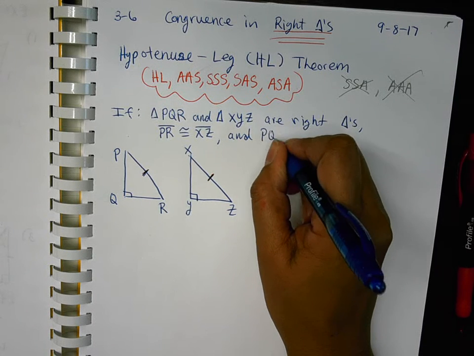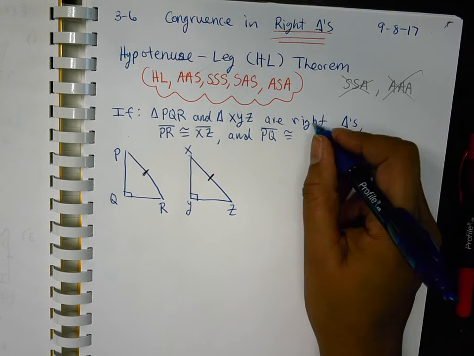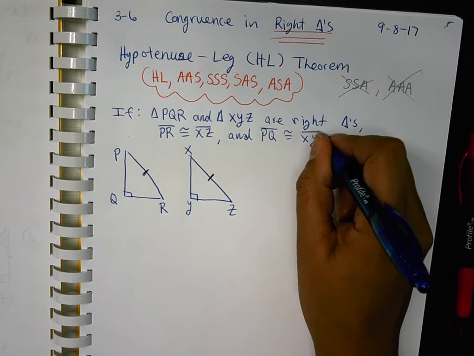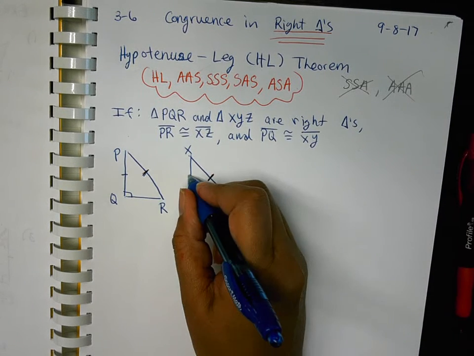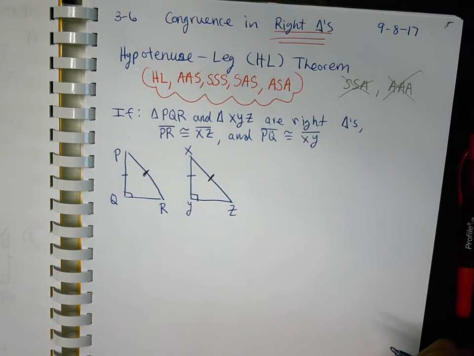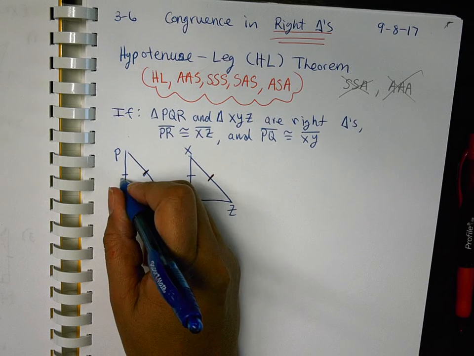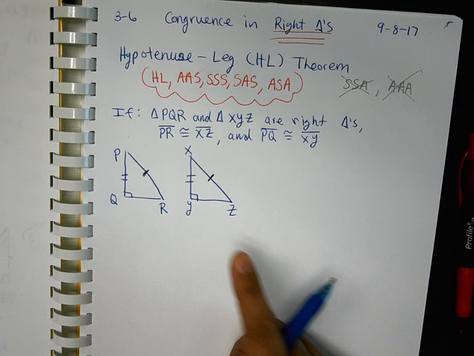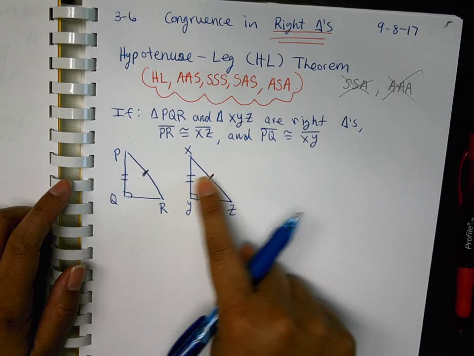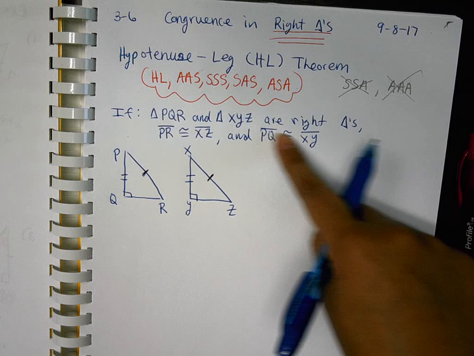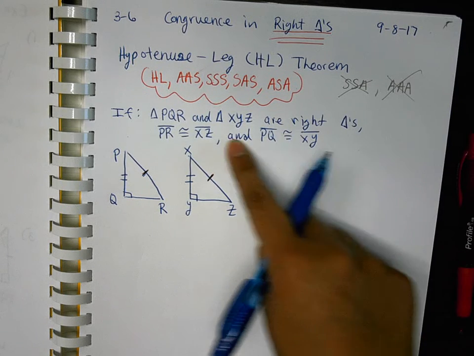All right, second piece of information, PQ is congruent to XY. So there's another marking we're going to make. Can anybody tell me where I messed up? This one needs a double marking. Why a double marking here? Because I already have one here. If I put just one here, that means that these are all congruent to each other, which is not stated up here at the top.